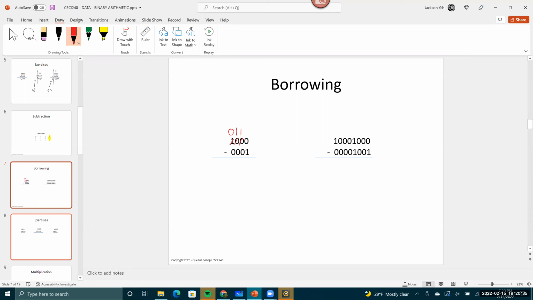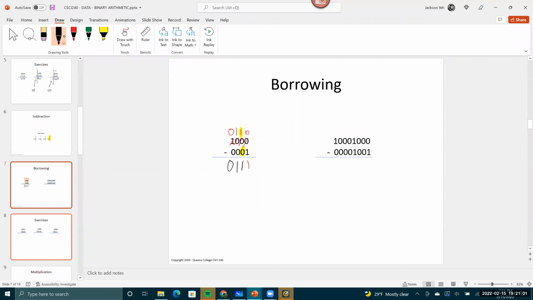So 1's become 0, 0's become 1, and then the last digit is now a 2, right? So 2 minus 1 is 1. And now the next column is 1 minus 0. So 1 minus 0 is a base case, is 1. Next is 1 minus 0 is 1, and 0 minus 0 is 0. Okay, so this requires borrowing.